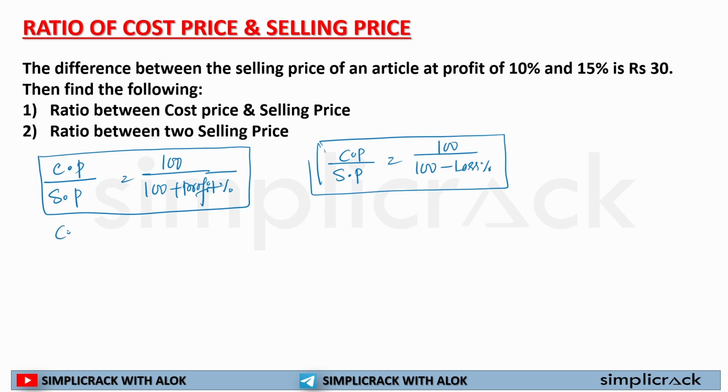That means, if cost price is 100 and profit percentage is 10%, sales price will be 110. Or, as I have already told you, you can write it like this: cost price 100x, with 10% profit it will be 110x. Now, in case of 15% profit, on 100 rupees it will be 115x.